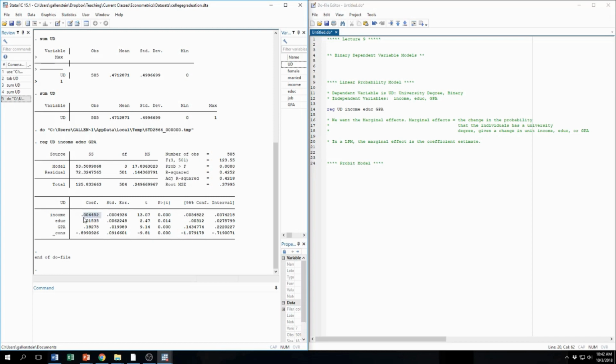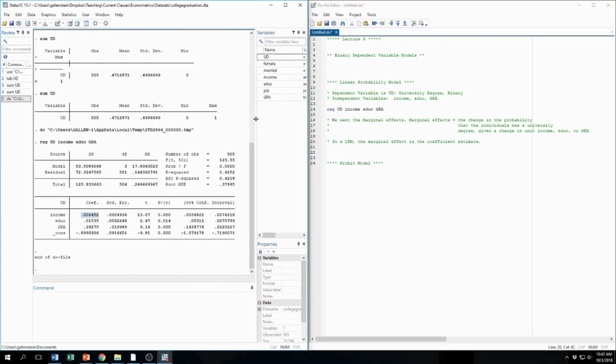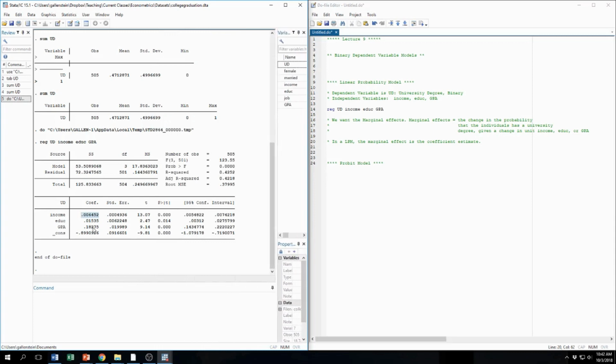What we're seeing here is that, so this is the marginal effect. So if the student's parents' income goes up by $1,000, that's a marginal increase. Remember, income is measured in units of $1,000. So if the parents' income goes up by $1,000, that will increase the probability that this individual will have a university degree by 0.6%.